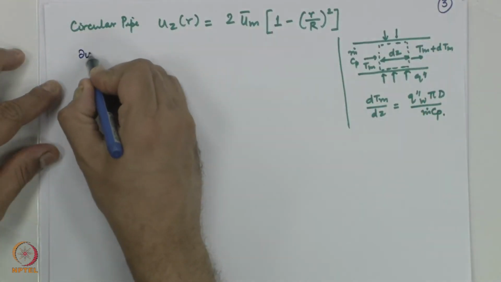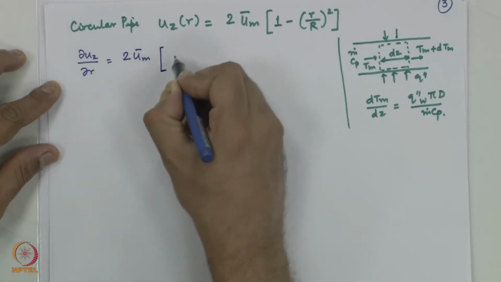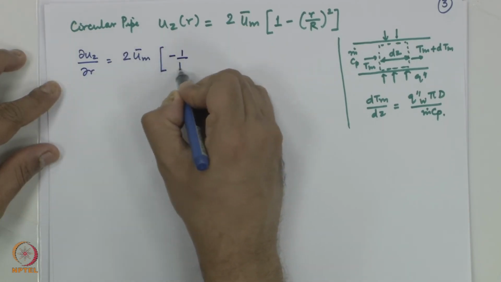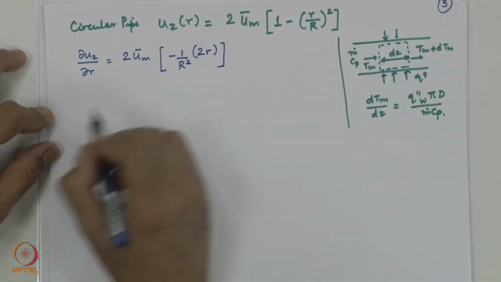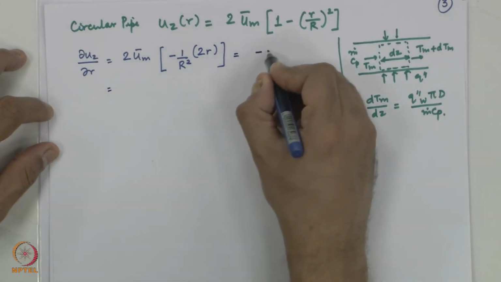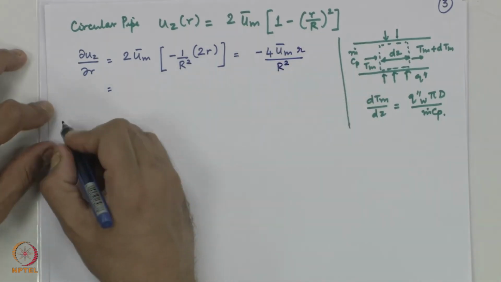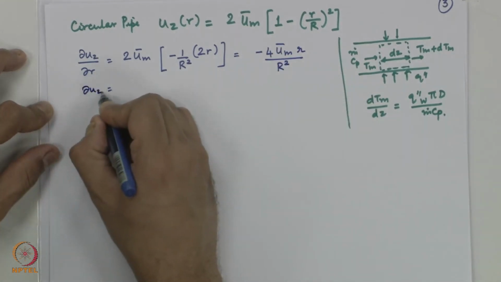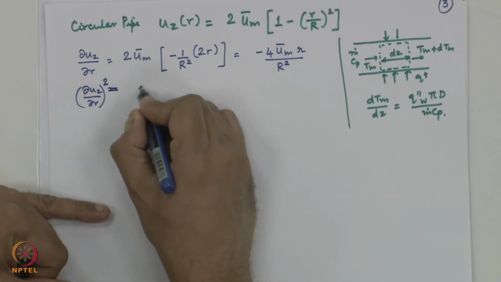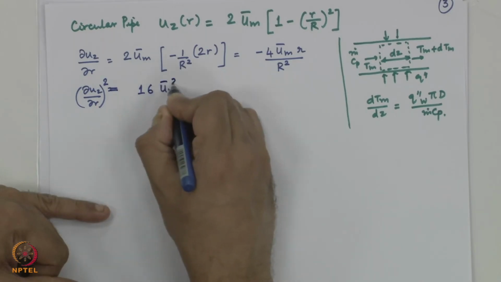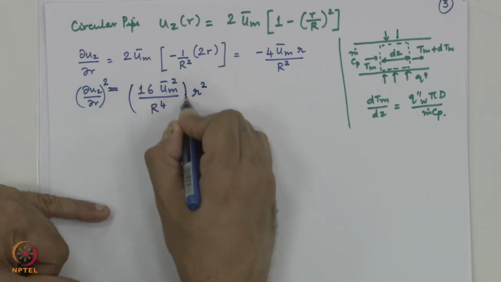So, du_z by dr is going to be 2 times mean velocity into minus 1 by capital R squared times 2r. So, this is minus 4 u_m r by capital R squared. (du_z by dr) the whole squared, therefore, which is what I need, is nothing but 16 u_m bar squared divided by R to the power 4 times r squared.